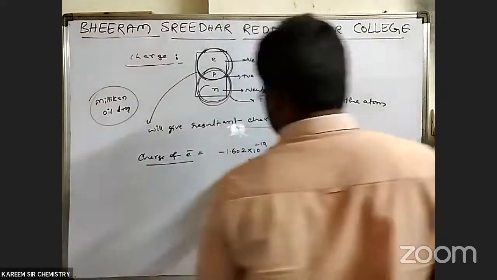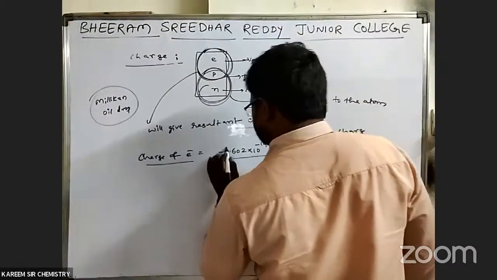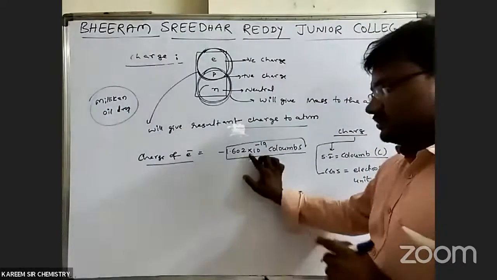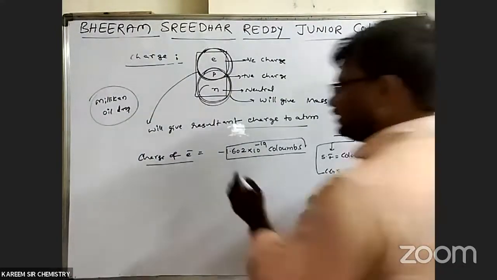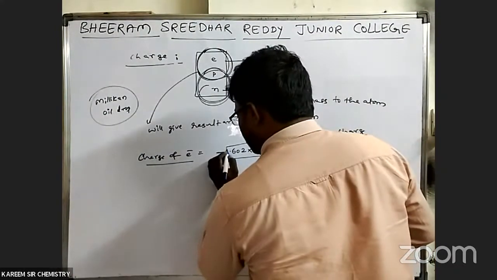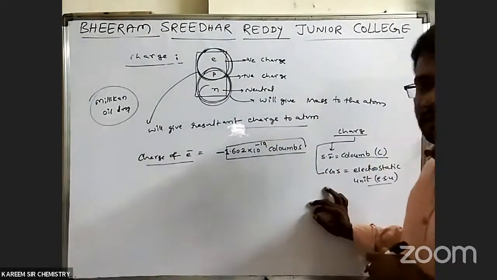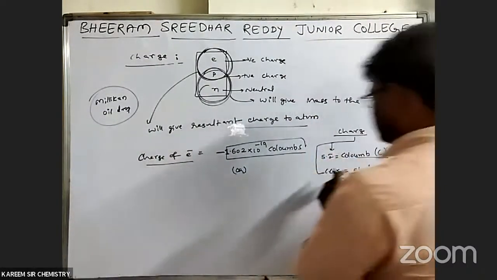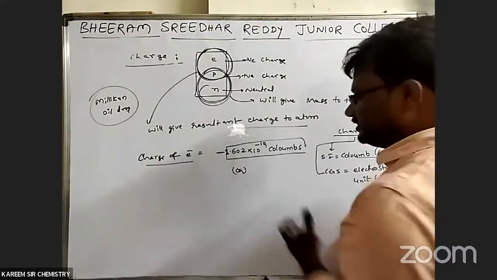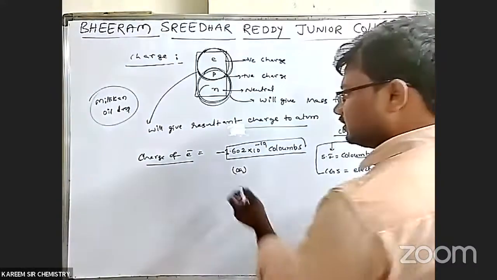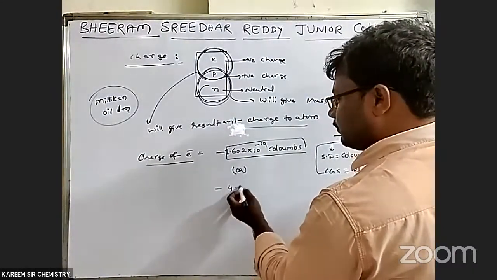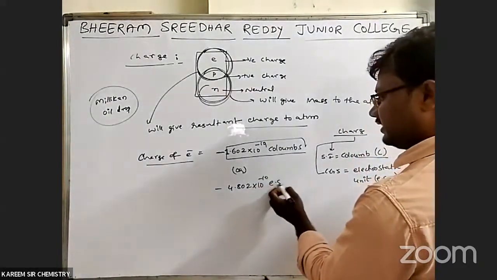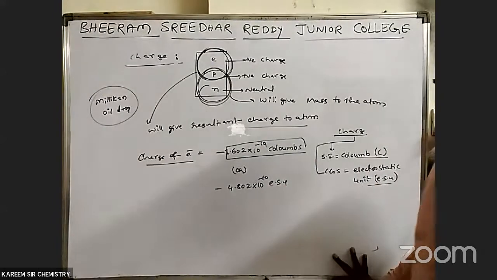So this much charge is present on every electron. The negative sign indicates that the electron is a negative charged particle. If you calculate the charge in CGS units, its value is minus 4.802 into 10 power minus 10 electrostatic units.